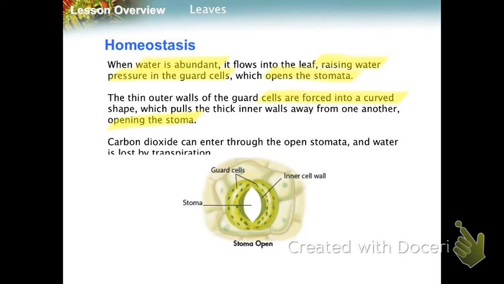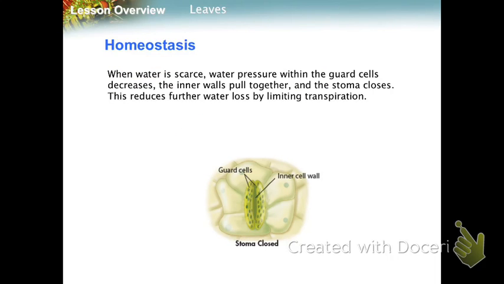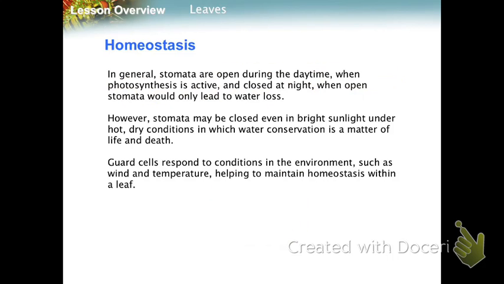When there's too little water, water pressure decreases, water is lost in the guard cells, and they basically shrink down, and the stoma closes. So this reduces further water loss by limiting that transpiration. Generally speaking, stomata are open during the daytime when photosynthesis can happen, and then they close at night when photosynthesis would not happen.